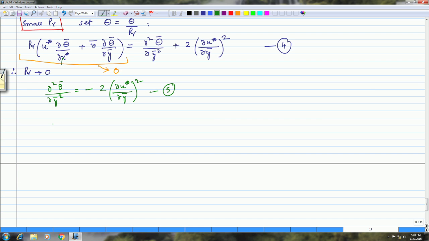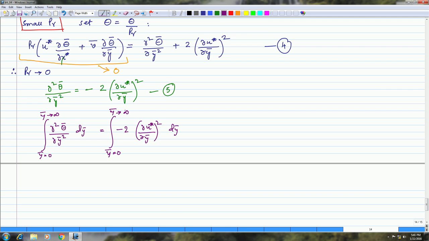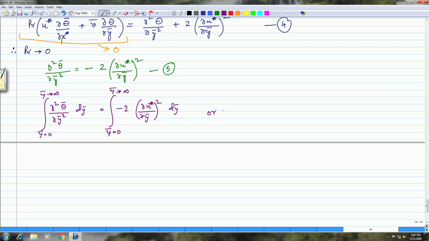If I do that, what I mean is the integral of del 2 theta bar del y bar squared dy bar is equal to minus 2 times the integral, where y bar goes from 0 to a very large value.